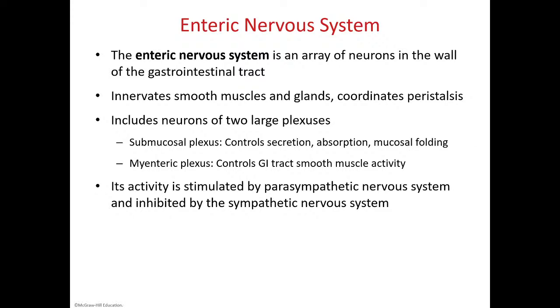All right, so the enteric nervous system is an array of neurons that are found in the wall of the gastrointestinal tract, or GI tract. And this innervates the smooth muscle and glands and coordinates peristalsis. Remember, peristalsis is that rhythmic contraction of the smooth muscle in the walls of the digestive organs.